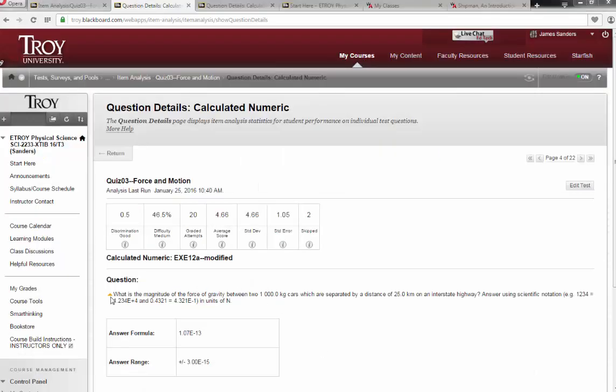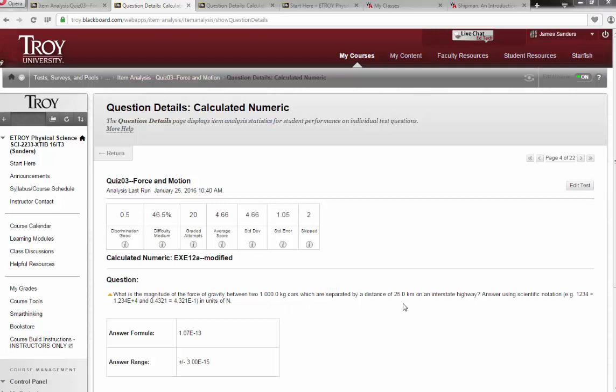Okay, the next problem on the quiz that I wanted to look at is one of the calculated numeric questions. It was basically even numbered exercise 12A in your book, and of course it's modified slightly. Modified again means I modified it from what the hard copy of the book has, which is also the electronic copy of the book, but not what WebAssign has.